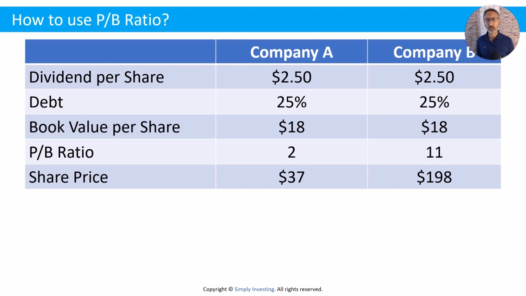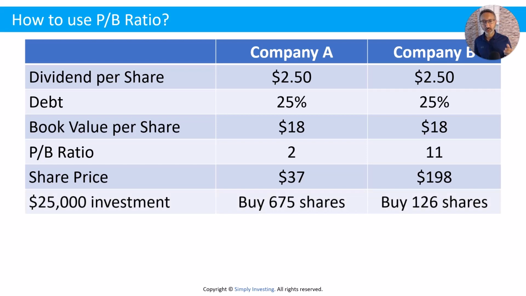So what does that look like? Let's say you had $25,000 to invest in either company A or B. If you were to put that investment, all of it, $25,000, into company A, well, given its current share price, you'd be able to buy 675 shares. Company B, share price is higher, the PB ratio is higher, you're only going to be able to buy 126 shares.